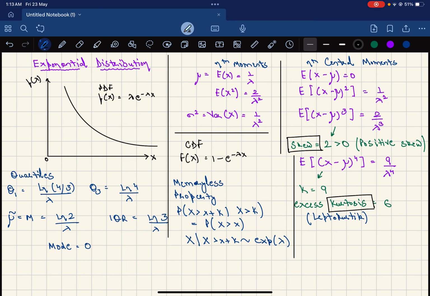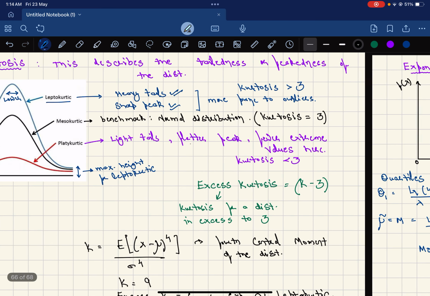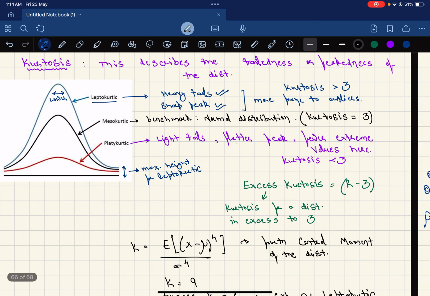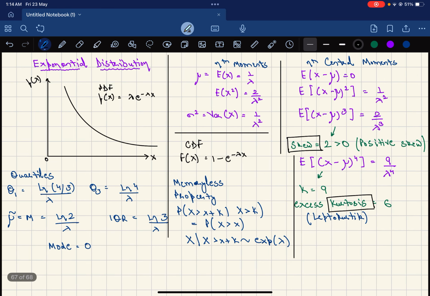We subtract 3 from total kurtosis to get the excess kurtosis. And we saw that leptokurtic distributions specifically have heavy tails and a sharp peak, and that is true for the exponential distribution. So these two metrics were specifically designed to get a sense of the shape of a continuous distribution.